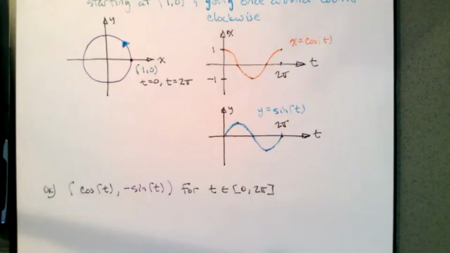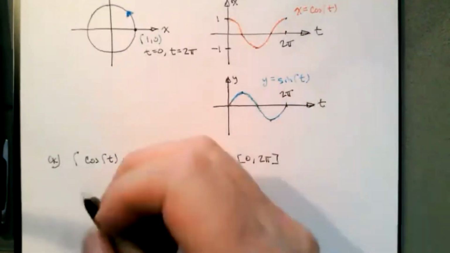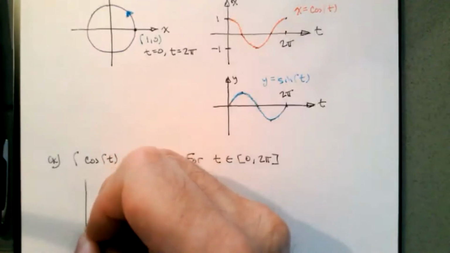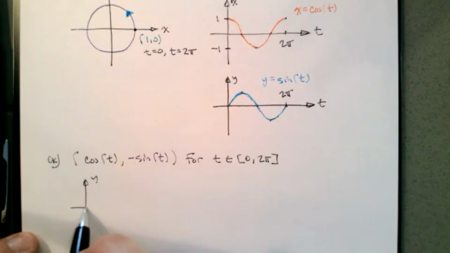That's going to change what happens in the y coordinate. So now my y coordinate is not going to be governed by up, down, then up again. Now my y coordinate will go the other direction.